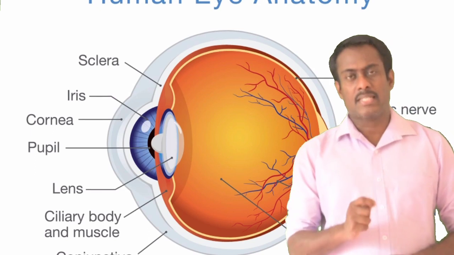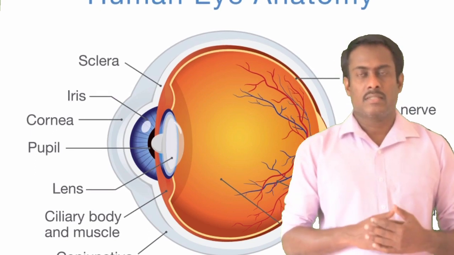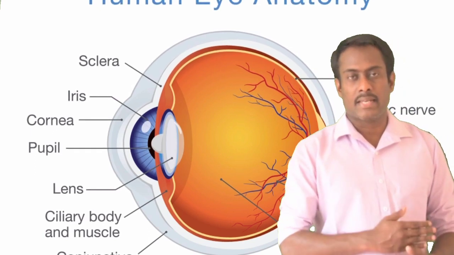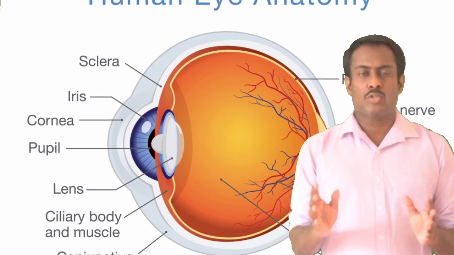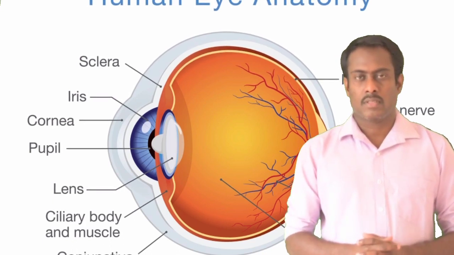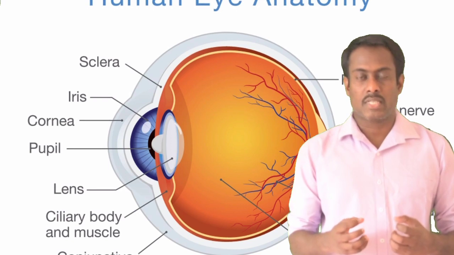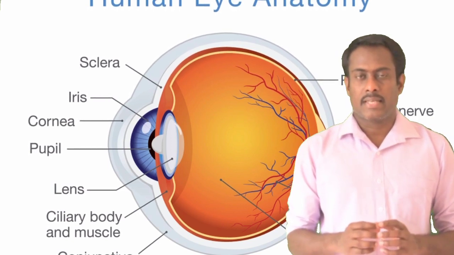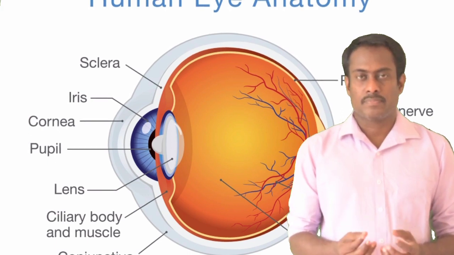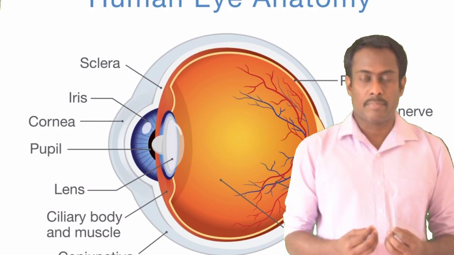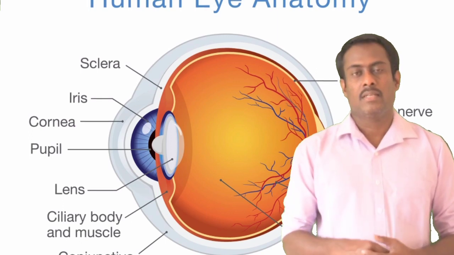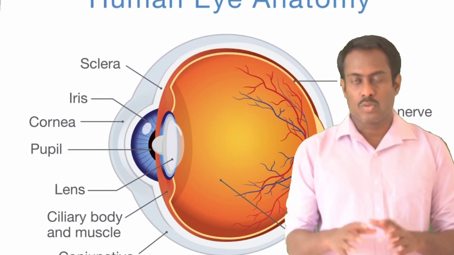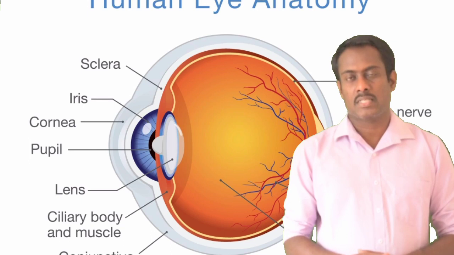We might have experienced that when we enter a dark room from bright light, we may not be able to see the things around us. So what will happen? Suddenly our eye expands its pupil so that the maximum amount of light may enter the eye, and we will be able to see the things around us.